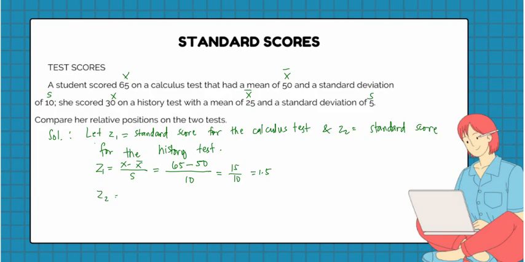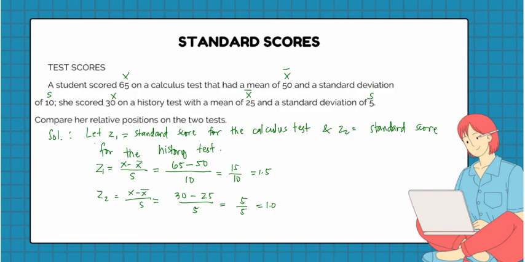Then your z sub 2 is the same case. You just substitute the values. That would be 30 minus 25 divided by 5. Then 30 minus 25 is just 5, divided by 5, which is going to be 1.0. So meaning her standard score in the history test is going to be 1.0.